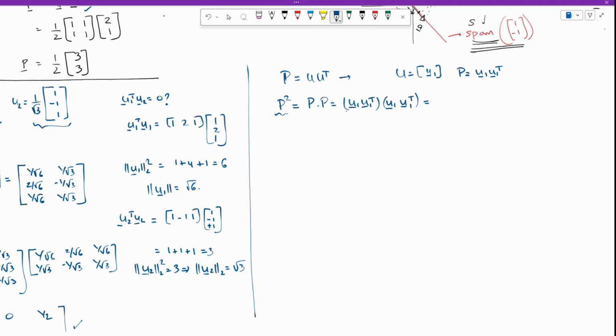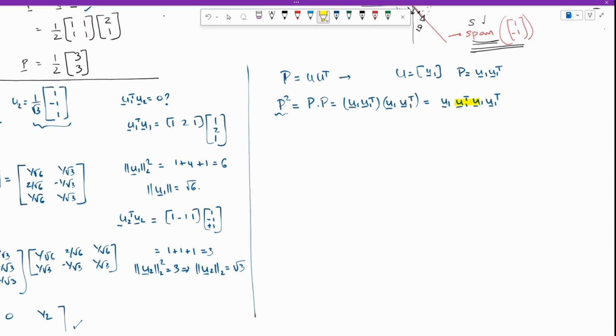Well, let's move the parentheses around. Remember, if you have a whole bunch of matrices that are multiplied together, look for a grouping that will give you a scalar. If it's a scalar, you can pull it out. Is there a scalar here? Let's write it down. U1 U1 transpose U1 U1 transpose. Yes, here. If you group these together, that's a scalar.